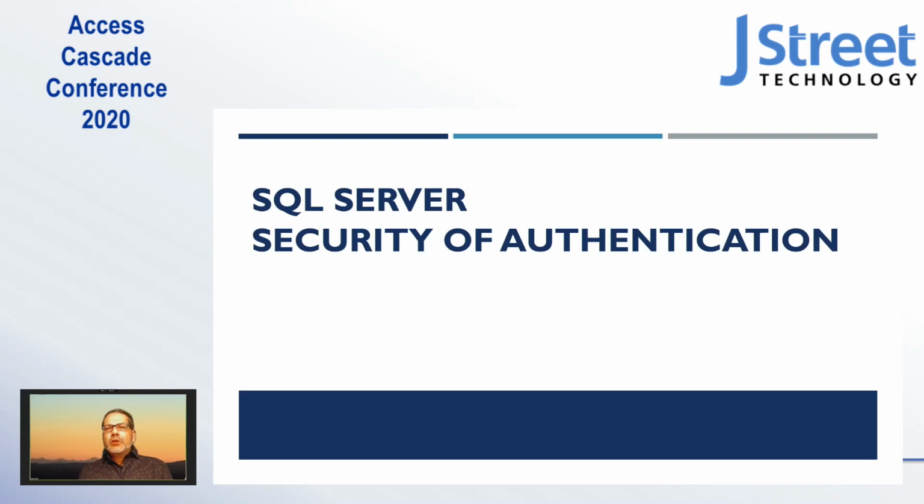I could talk for 5 of these presentations about SQL Server security, but we don't have time for that. So I would like to focus on a very important bit, which is basically the first step: the security of the SQL Server authentication, how you or your application connects to SQL Server.